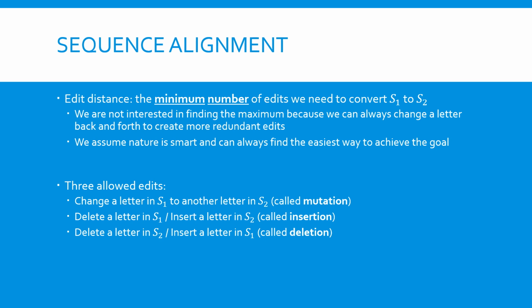The third edit is called deletion, which deletes a letter in S1. It is important to know that insertion and deletion are symmetric. An insertion in S1 can be viewed as a deletion in S2, and vice versa. By convention, we take S1 as the reference and name the edits accordingly.